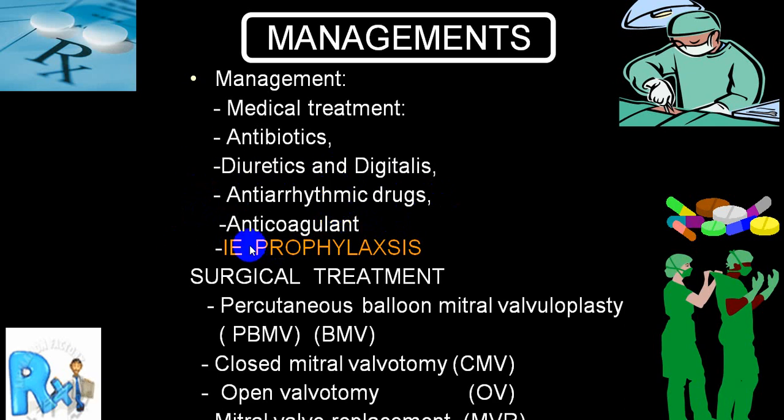And in a person who has not developed infective endocarditis, you can use prophylactic treatment to prevent infective endocarditis. And after medical management, control of all the things, that is control of infective endocarditis, control of failure, prevention of thromboembolism. Now you can decide regarding a surgical treatment.